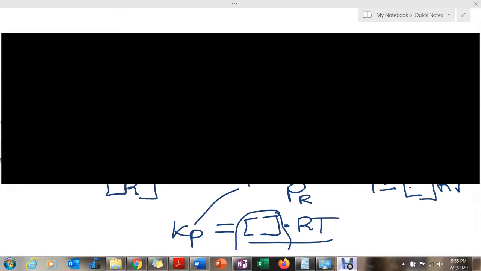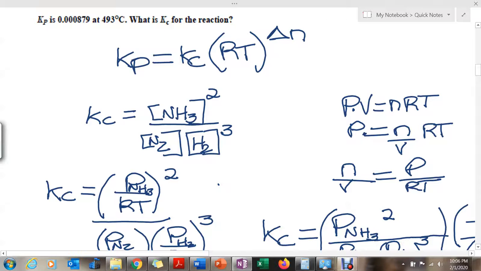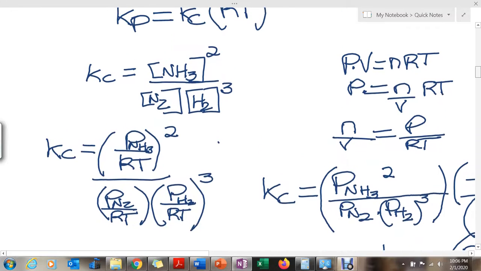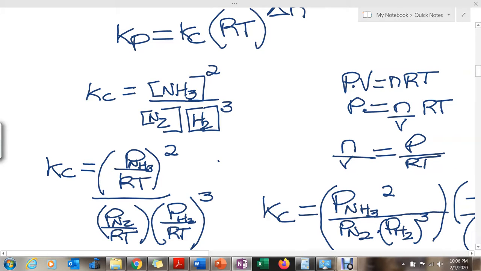I'm going to pause while I erase this. Okay, let's do something better. What I did is basically substitute everything so you could see where it's coming from. This is where the equation is coming from. Kc is the concentration of the products divided by the reactants.